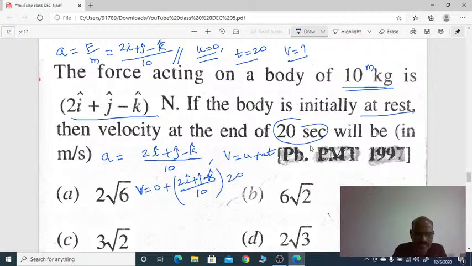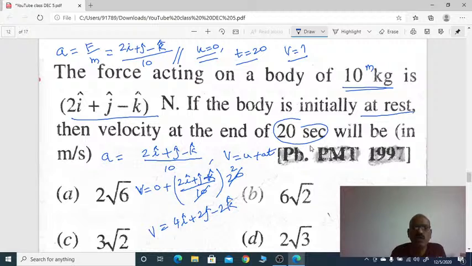T is 20, that's it. Now 10 twos are 20, so the 2 multiplies inside. 2 twos are 4i plus 2j minus 2k. So what is the velocity at the end of 20 seconds? This is the v, we got it.